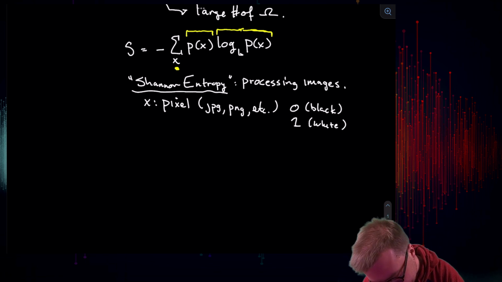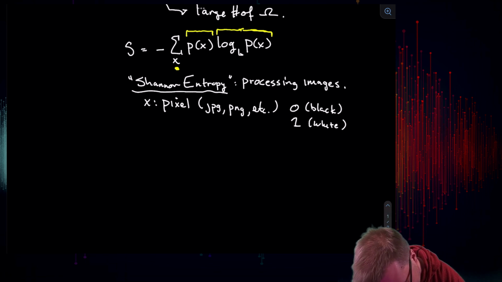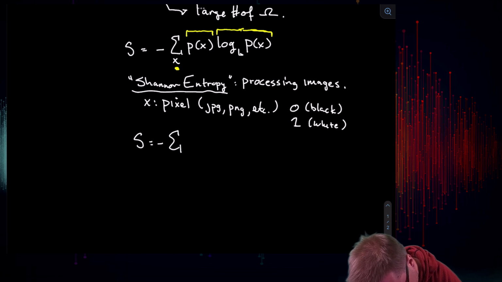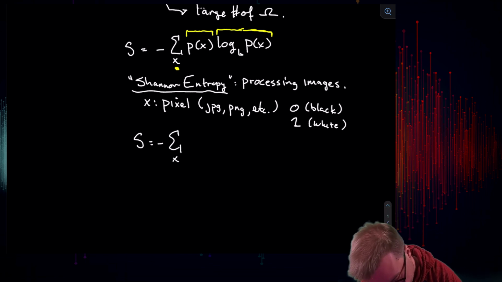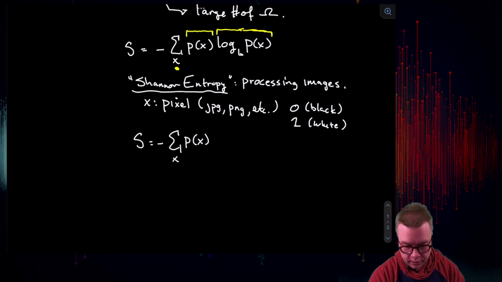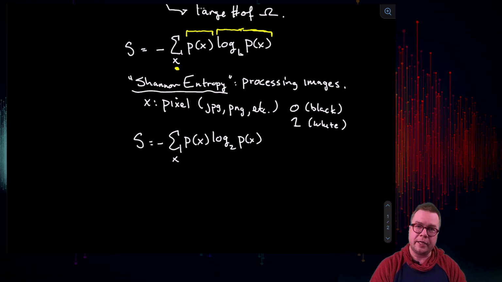In fact, since there's only 2 values possible for this example I'm giving you, it might make sense to define the entropy as minus the summation over X, in this case could be all the pixels, multiplied by the probability of that pixel being 0 or 1, multiplied by the log base 2 of the probability of that pixel having a 0 or a 1.